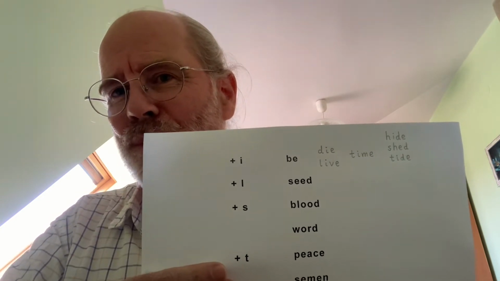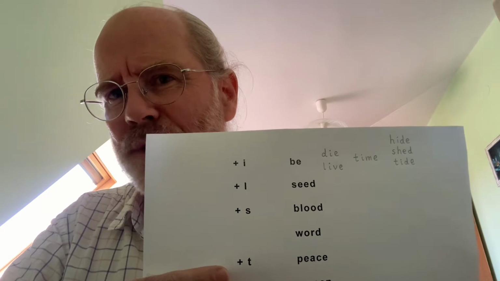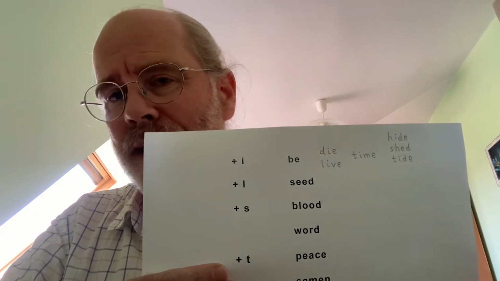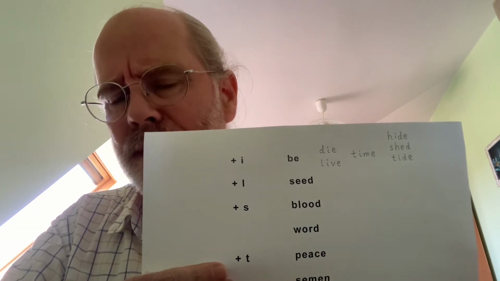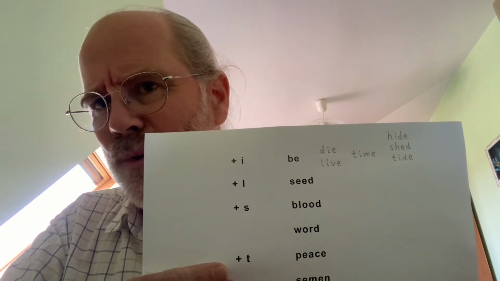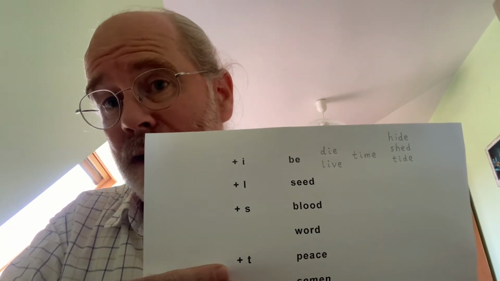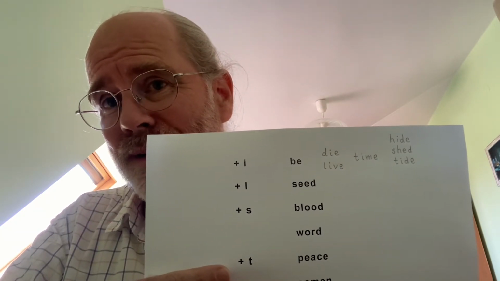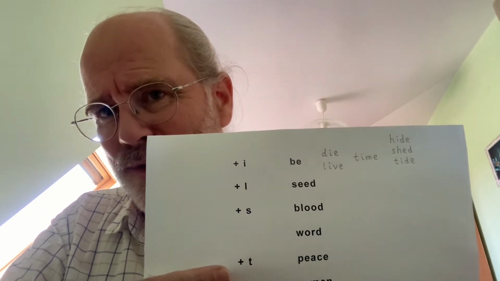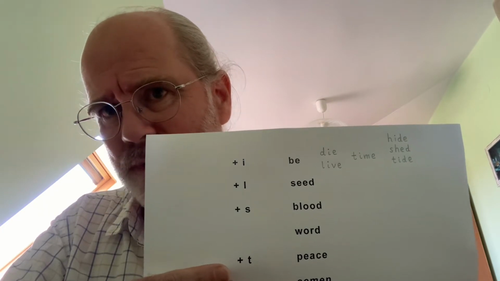Let us move on to seed. We already saw the connection between seed and dies if we read the word in reverse and change the two front vowels, E and I. And a seed must die in the ground in order to grow roots, a shoot, and eventually to bear fruit.